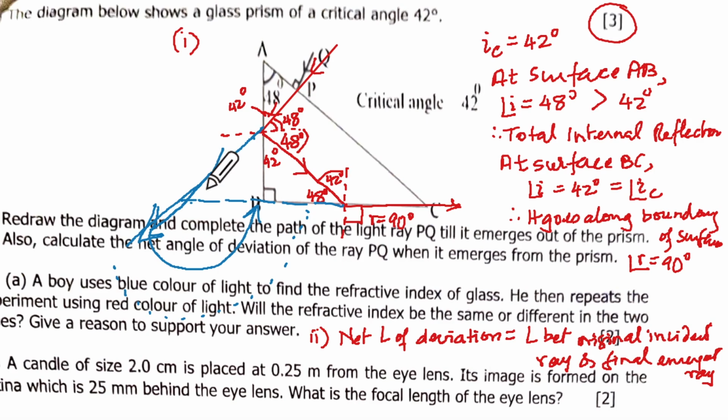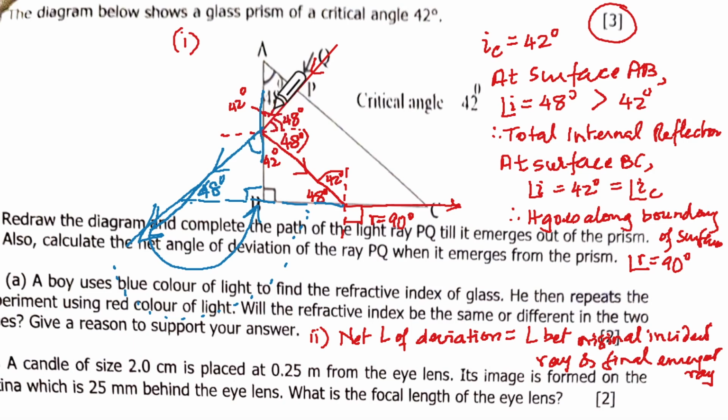So what is this? Tell me, how much is this angle? 42. This one? 48. This will be 48 degrees. Okay, this is 90, yes? Yes, ma'am. Can you see this and this are vertically opposite?